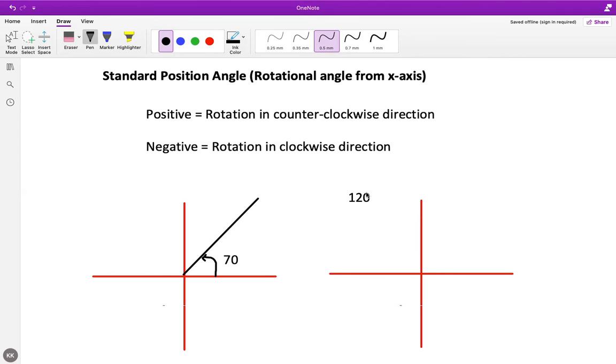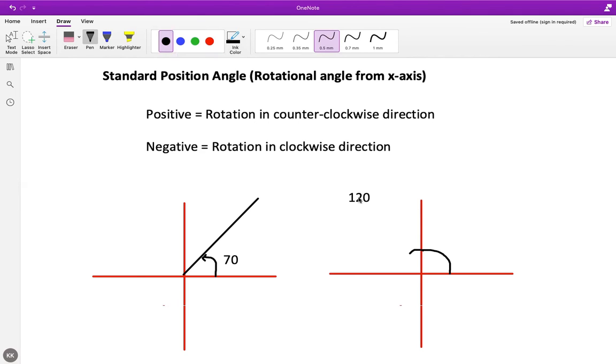The next one is 120 degrees. As always, we start the rotation from the positive x-axis. Because it's a positive angle, I rotate in the counterclockwise direction. This is 90 degrees, but I want 120 degrees, so I rotate more than 90 degrees.